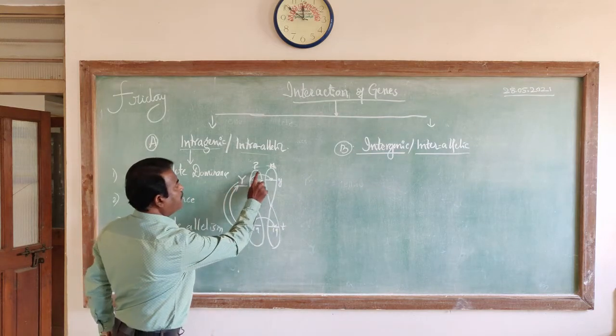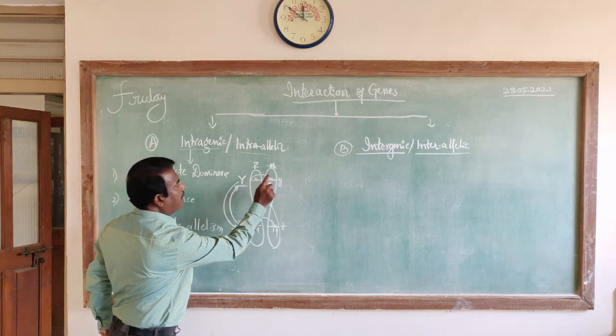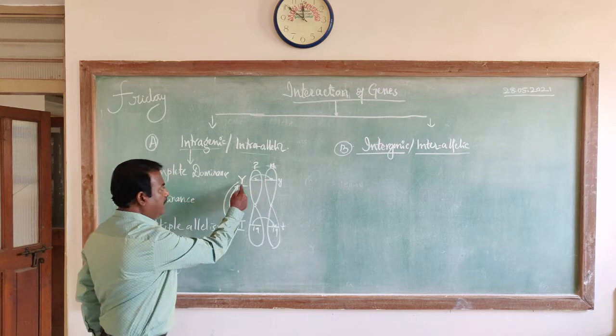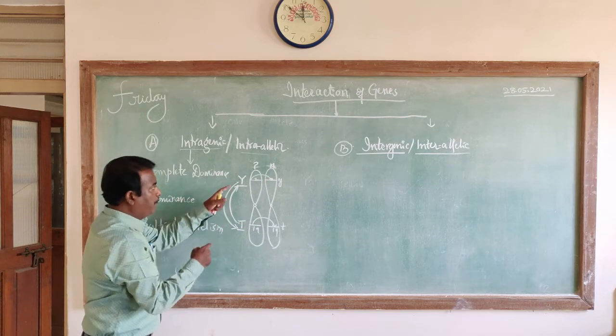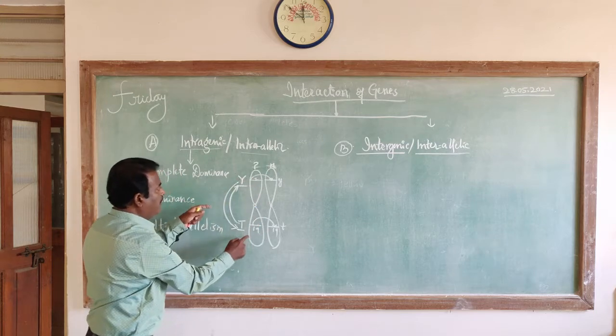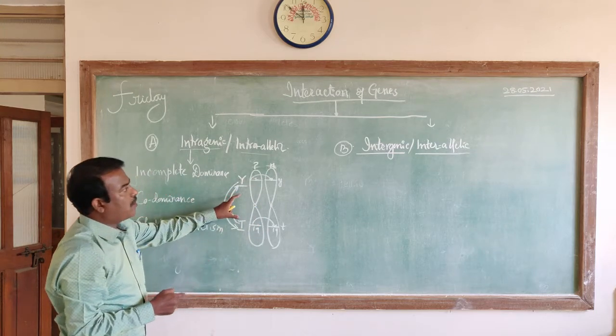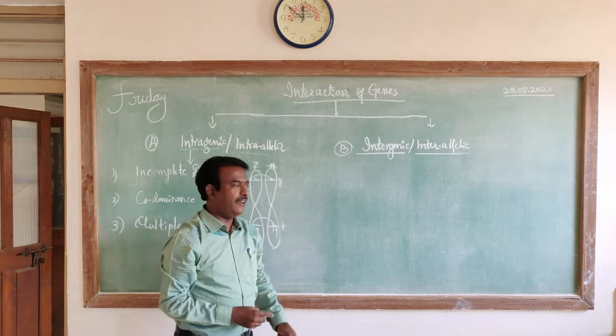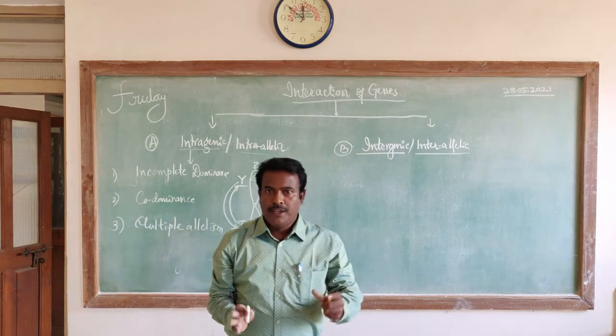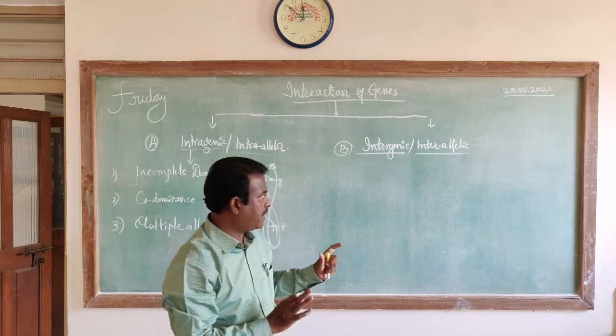Instead of acting with its corresponding allele belonging to the same locus, here dominant alleles belonging to the different locus, if they interact, this is called intergenic or interallelic interaction. I hope you people followed it correctly.